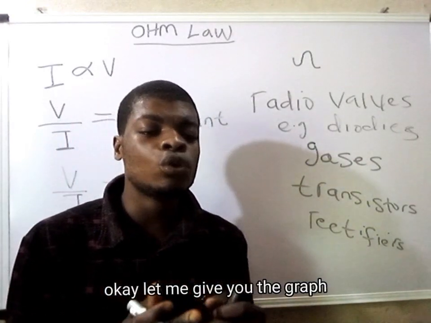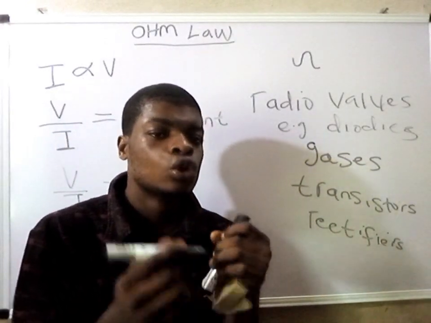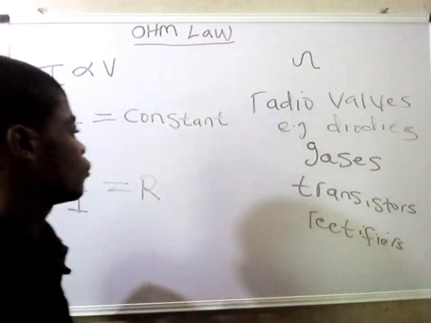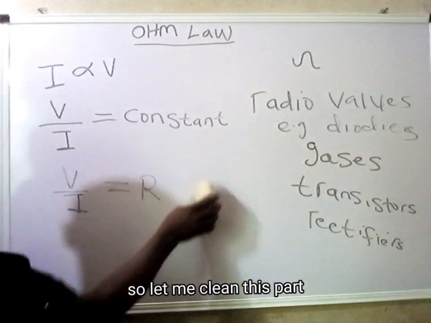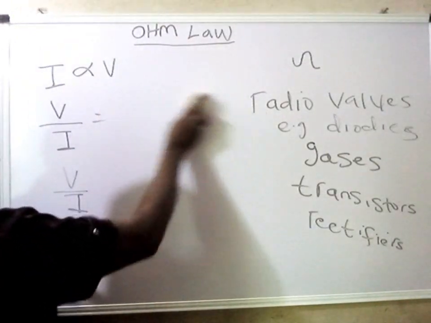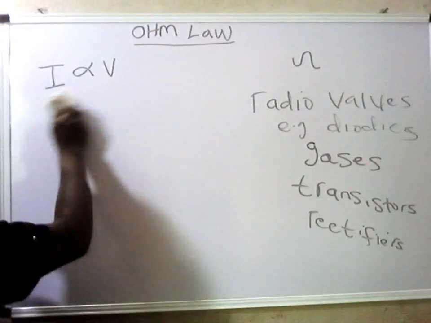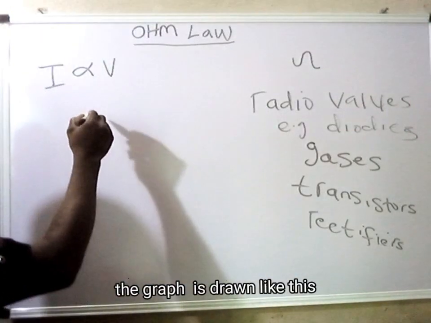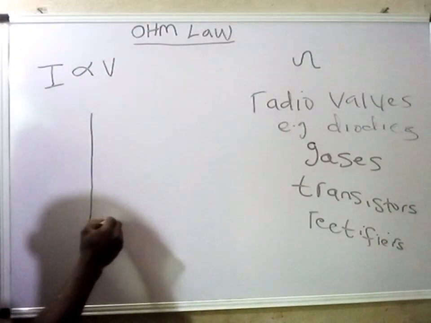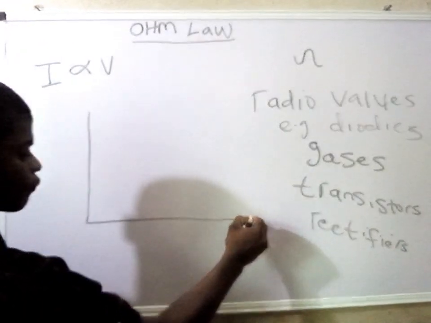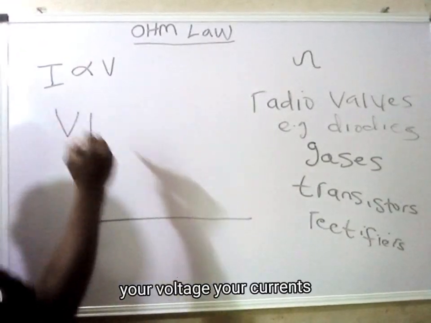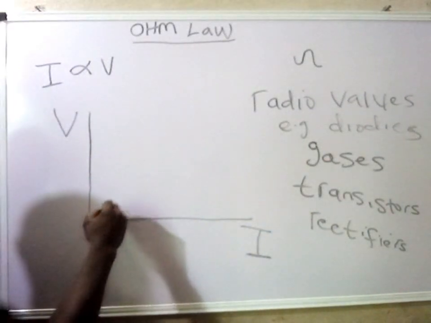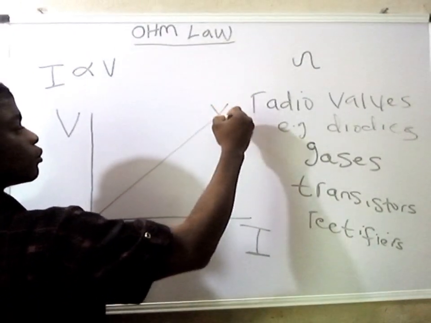Okay, let me give you the graph that we use to represent Ohm's law. So let me clean this part. The graph is drawn like this. The linear graph. Your voltage, your current. You draw a straight line.